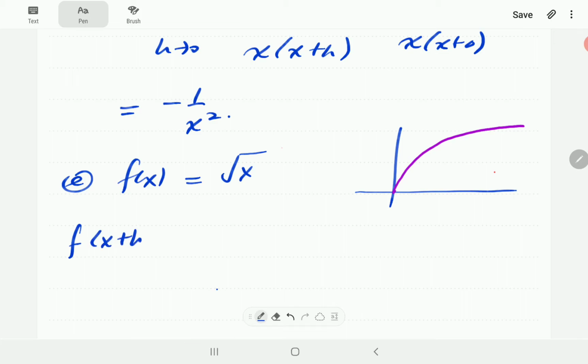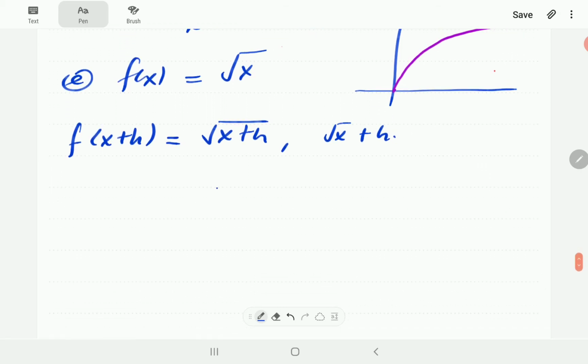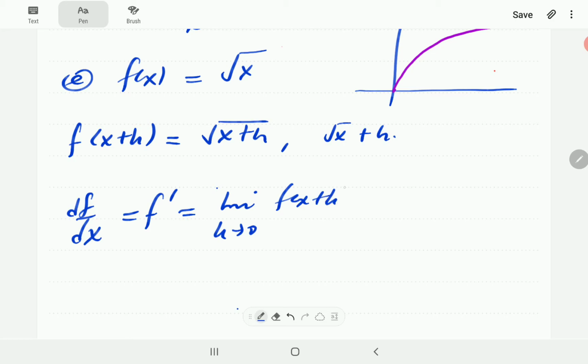So f of x plus h is going to be the square root of x plus h. Since the x is inside the square root here, then x plus h must also be inside the square root. So df dx, or f prime, depending on which one we prefer, is the limit of square root of x plus h minus square root of x, over h.